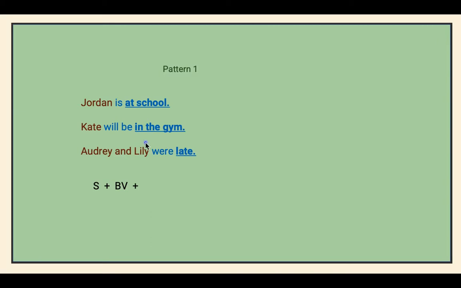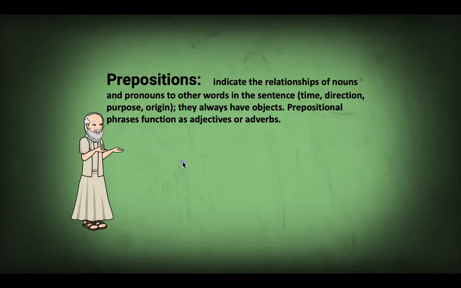Okay, let's figure out this final element. At first, it seems like the pattern might end with a prepositional phrase, but the third example is just a single word, not a phrase. Let's ignore that third one for the moment and instead review prep phrases. If you have some uncertainty about prepositions, you might want to watch the supplementary video on prepositional phrases.